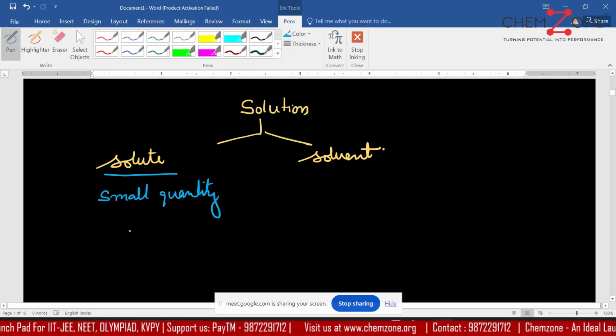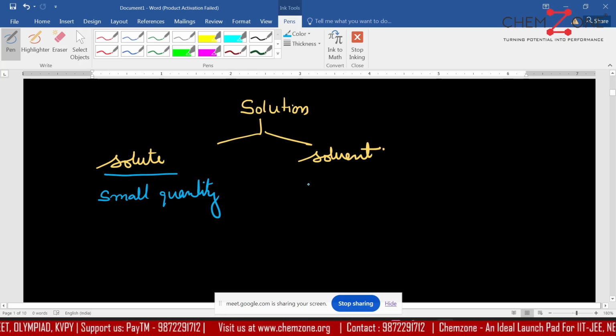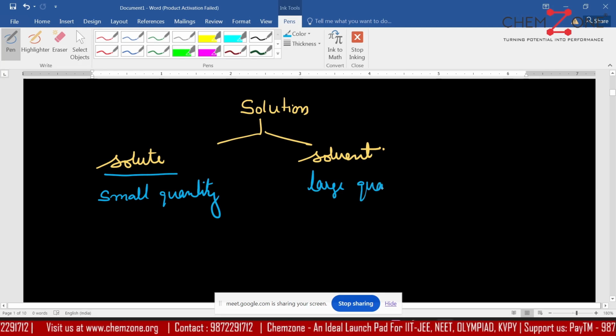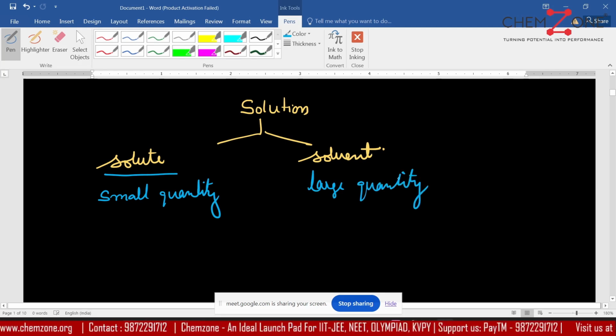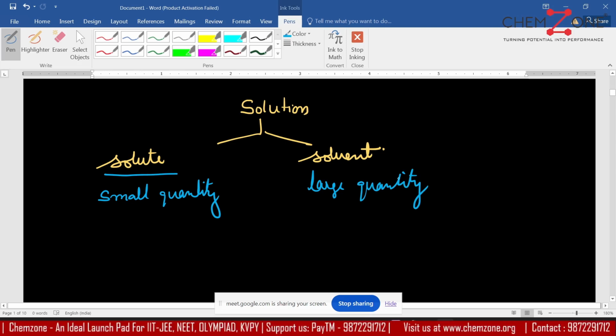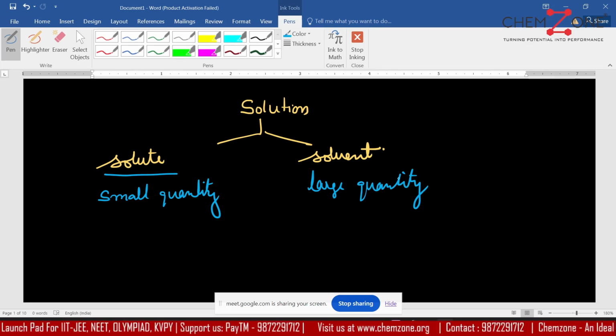Solute is a component taken in small quantity, and solvent is a component taken in large quantity.